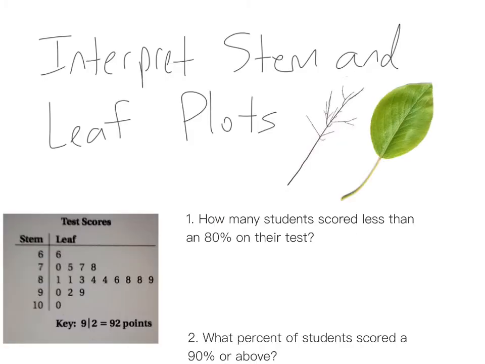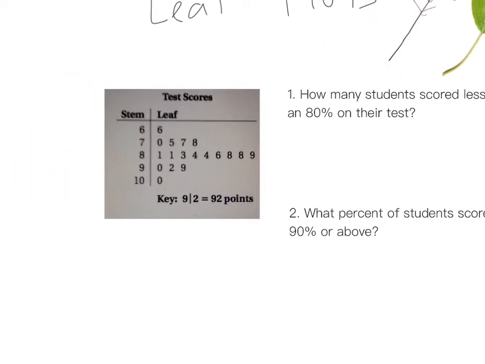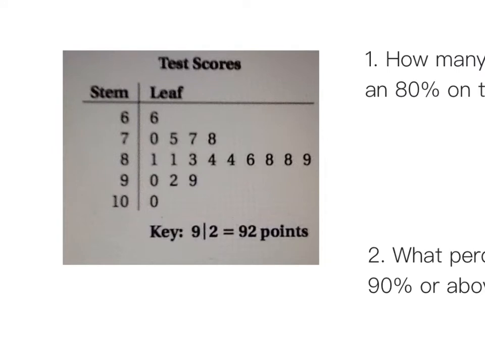All right, so next we're going to practice interpreting a stem and leaf plot. We're going to look at a stem and leaf plot that's already created and figure out how it's helpful. So let's take this one right here. Guys, pull this one out of your book because it's pretty good.